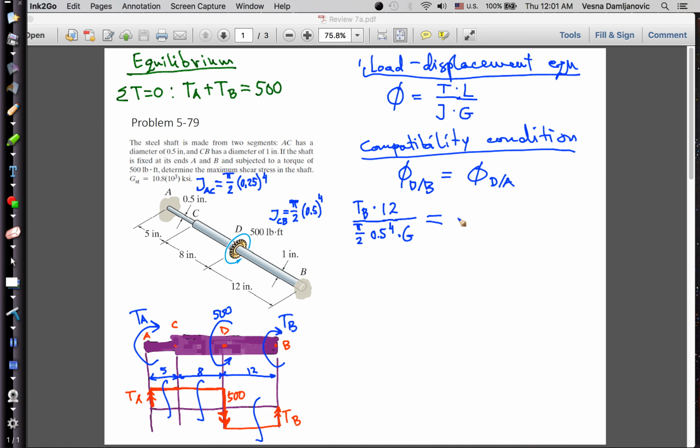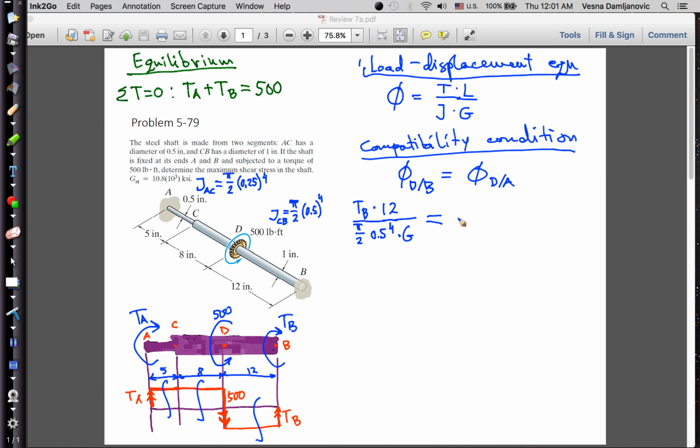The torque is TA times the length, which is 8, divided by the J there, this is still the big J, so that's pi over 2, 0.5 to the fourth power times G, okay, and then plus this bit here, but the T is the same there, it's again TA, but now the length is 5 inches.